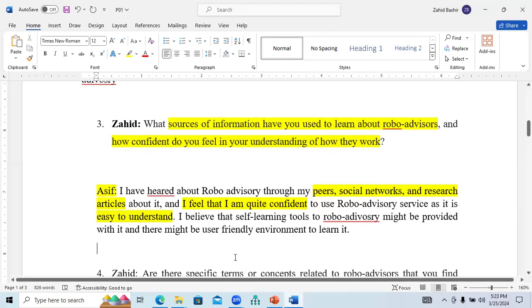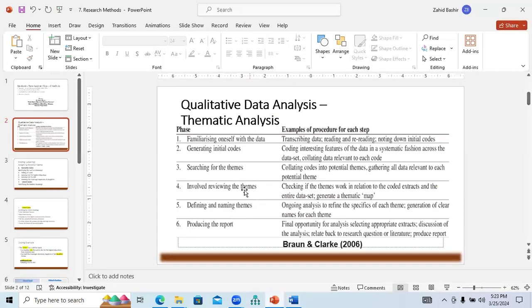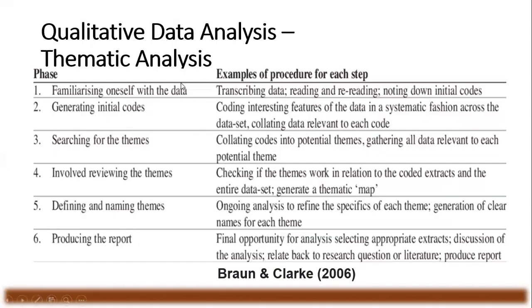That is another code. So the first step in thematic analysis is that you read your transcribed data again and again, and you note down initial codes as a part of the procedure.